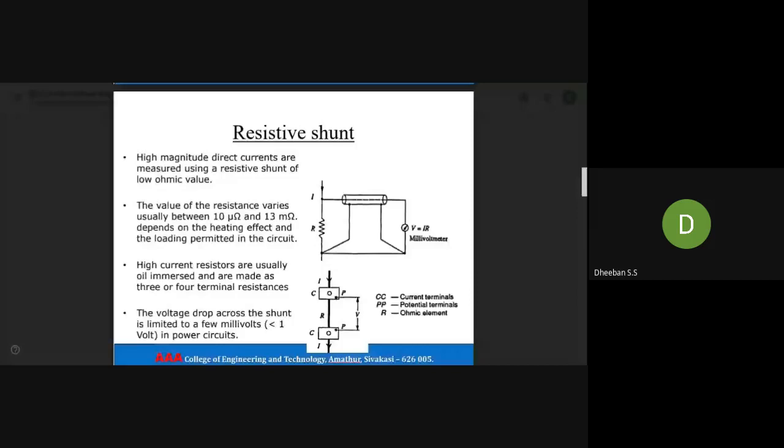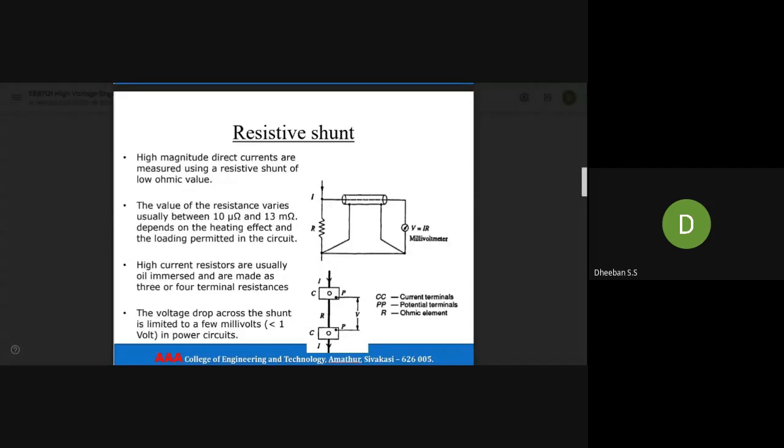In general, a high magnitude DC current is measured using a resistive shunt of a low ohmic value. Here we will be making use of a very small resistor value, because a resistor is a component which limits the flow of current.